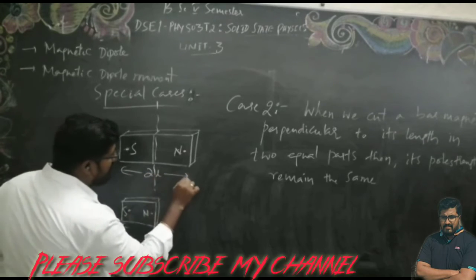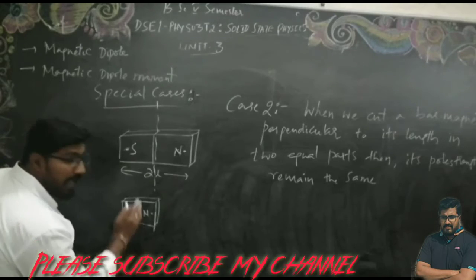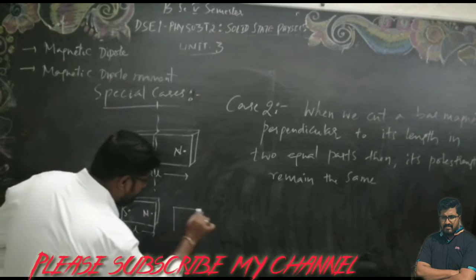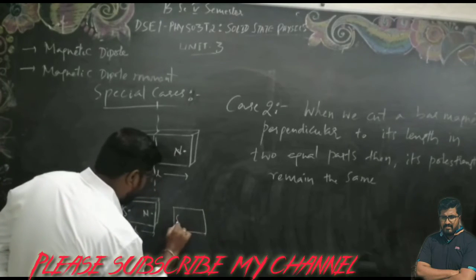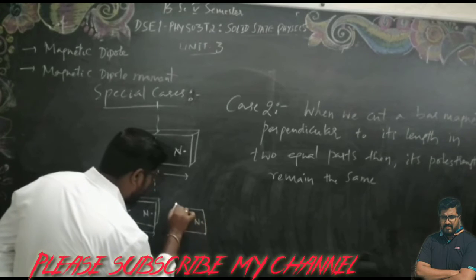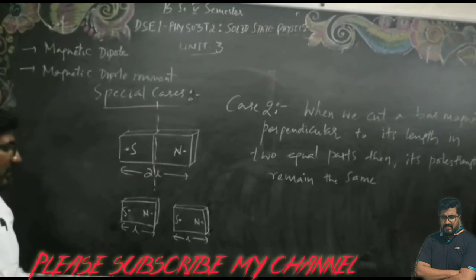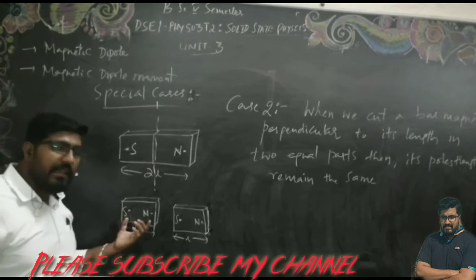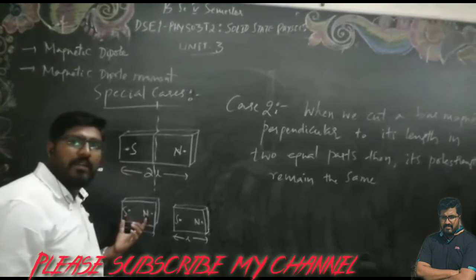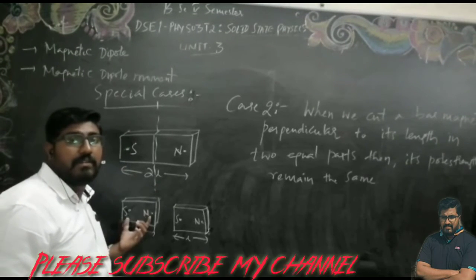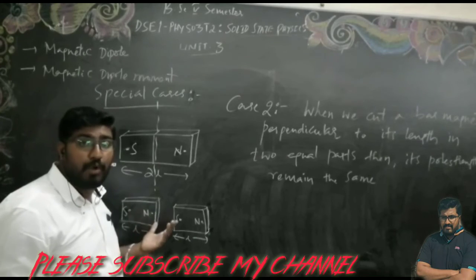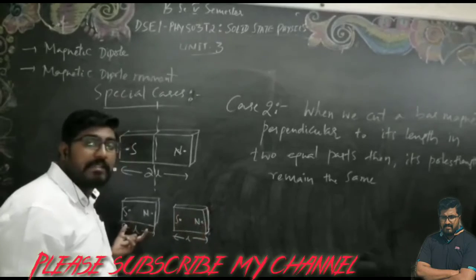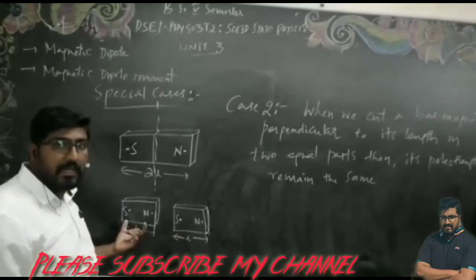The length was 2L, whereas after cutting perpendicular to the bar magnet, the length has become L. The difference you are observing here: if I cut this, the magnet again automatically has two poles. As I told you, a magnet never exists as a monopole. If you cut it into several pieces, the magnet always exists as a dipole. That means it has two poles.